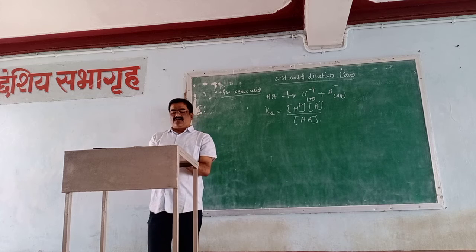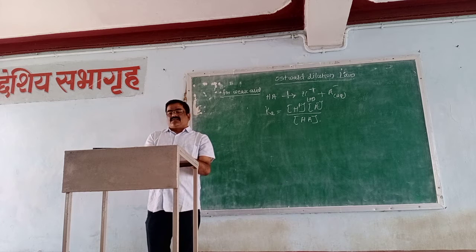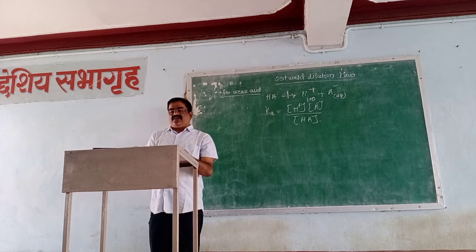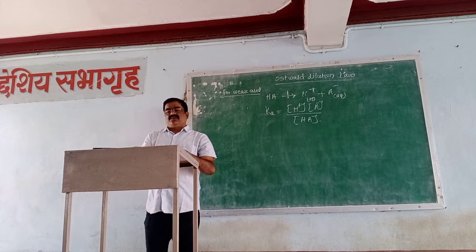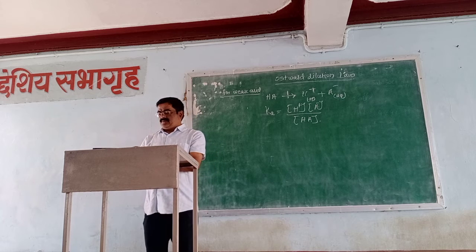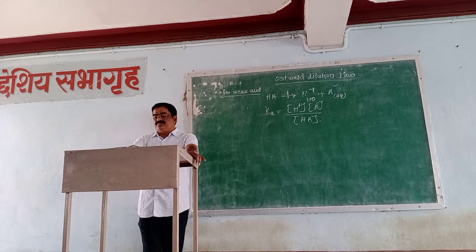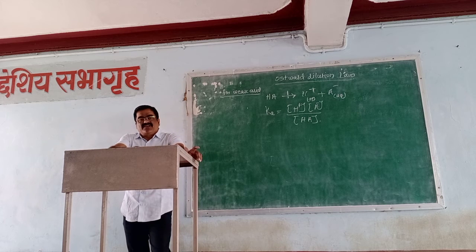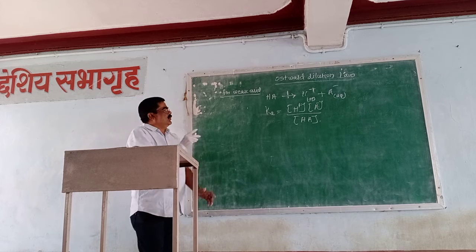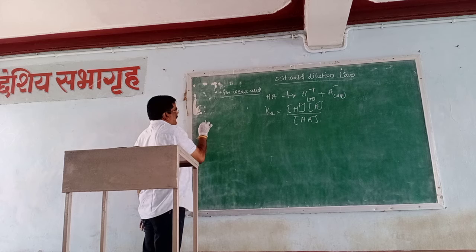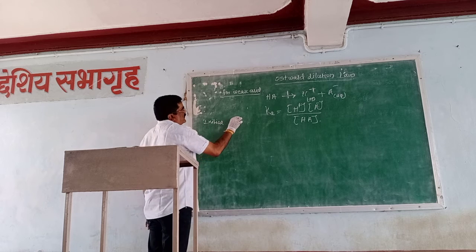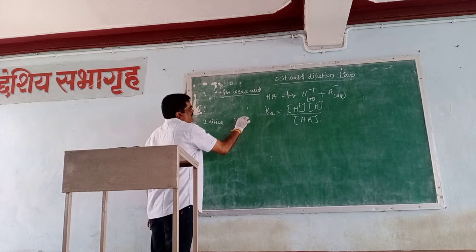Thus, at equilibrium, suppose 1 mole of the weak acid HA is initially present in volume V dm3.